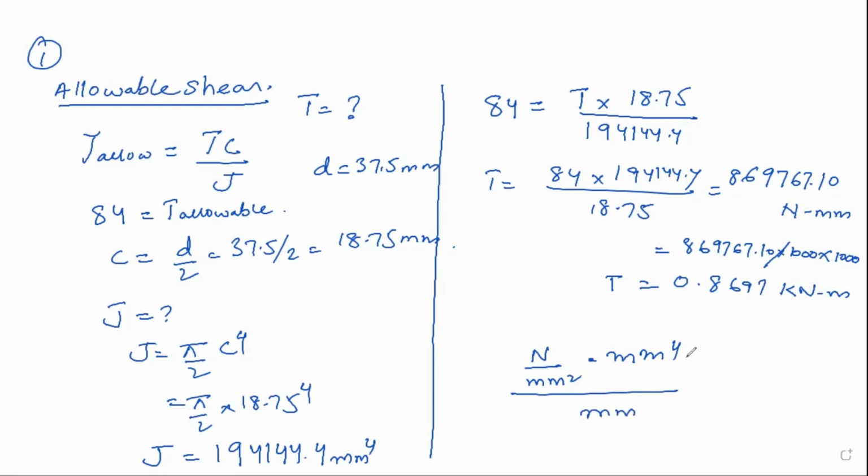So from the denominator it will go to the numerator, and the powers will cancel: 4 and 1, 3 will be cut, 1 will remain. So it will be Newton millimeter. Then we divide by 1000 into 1000, it will be kilonewton meter. So this is the first case. We calculated T by using the allowable shear. Now I'll erase this.